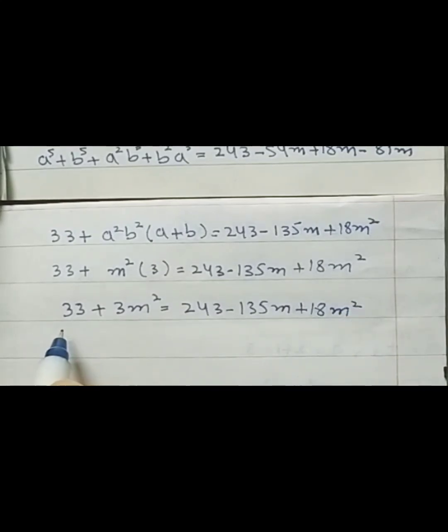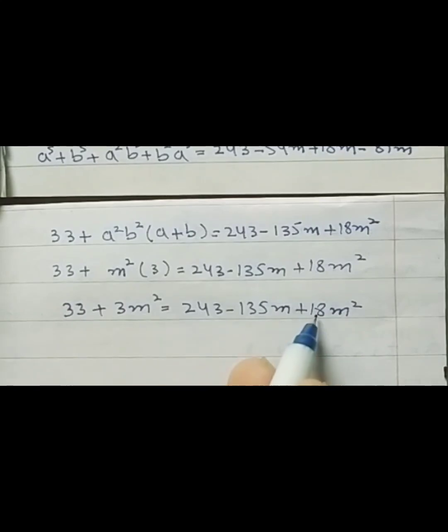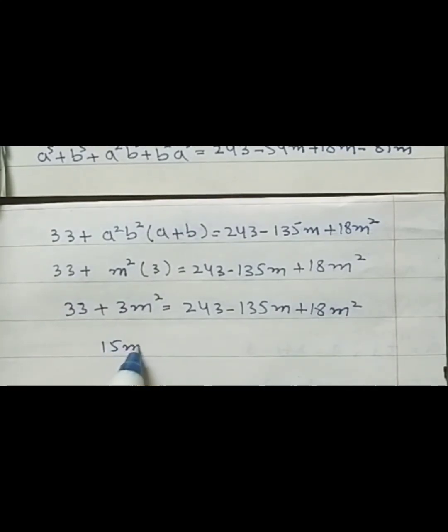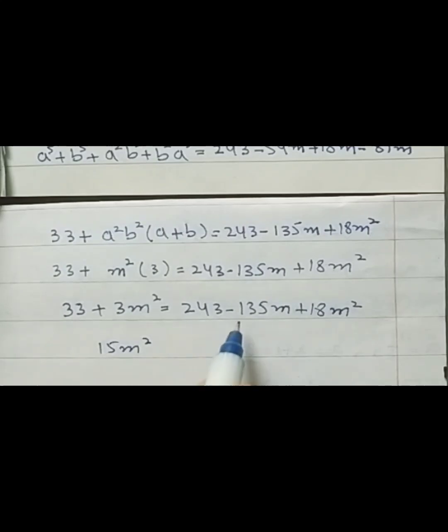So now we can see here we have positive 18m^2 on the right hand side and 3m^2 on the left hand side. So it will be 15m^2 minus 135m, and positive 243 minus 33 will be positive 210, is equal to 0.